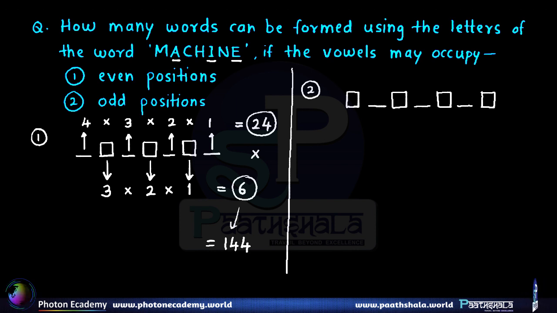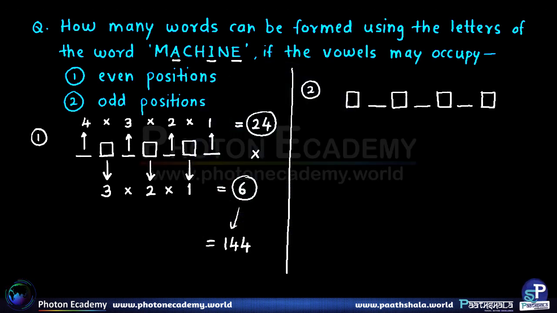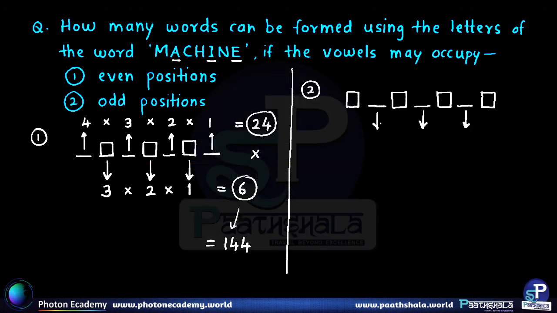So we do not know in which of the positions the 3 vowels will go, and in the remaining position clearly 1 consonant has to be present. So let's count the other way around. The even numbered places are definitely going to be occupied by the consonants.